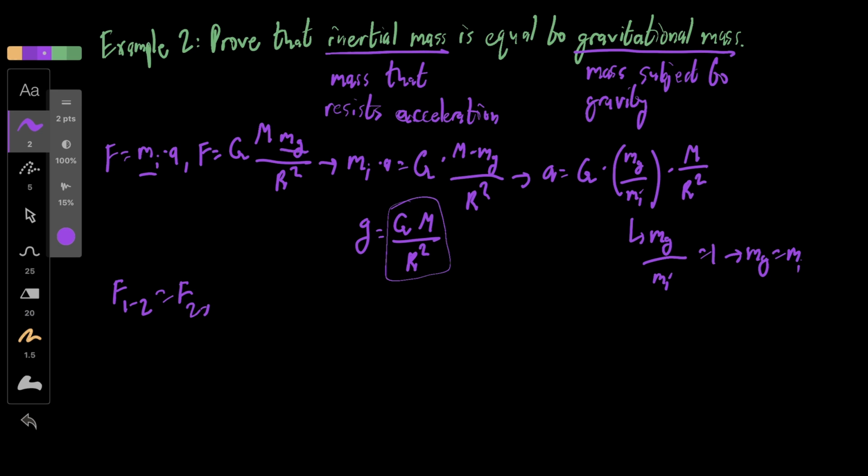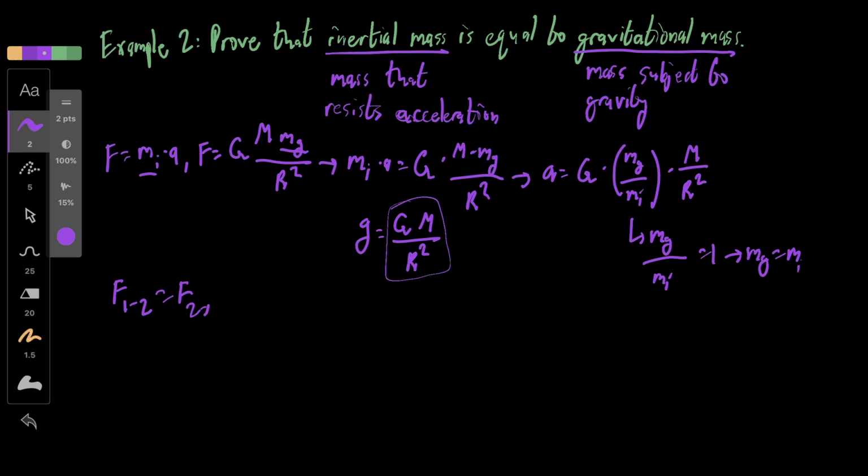So, if it's creating that same force with both of those two masses, that means those two masses have to be the same. It's that simple. If I'm the one moving, but I'm also the one being moved, I can't have different masses. Because if I have different masses, either the one being moved will be different, or the one not being moved will be different.